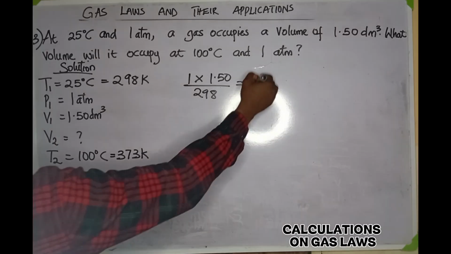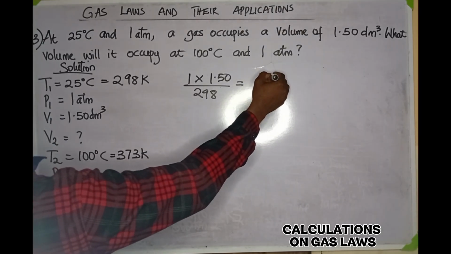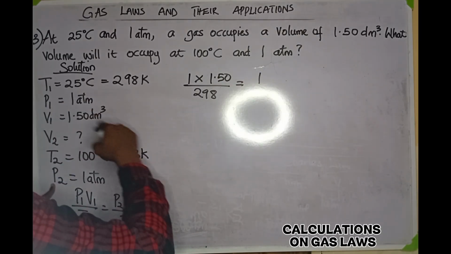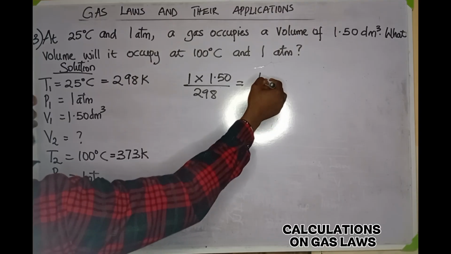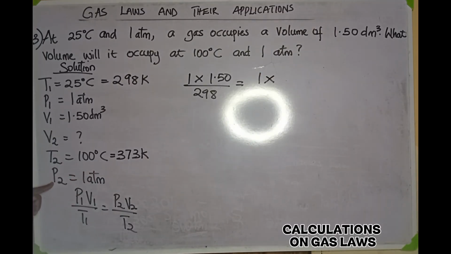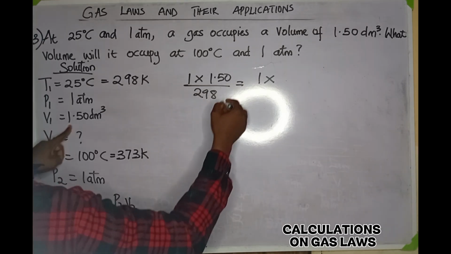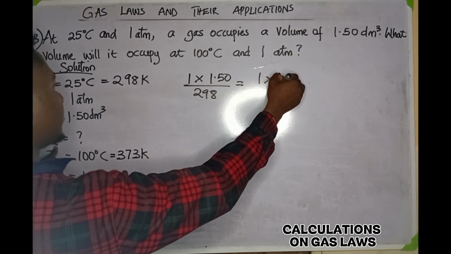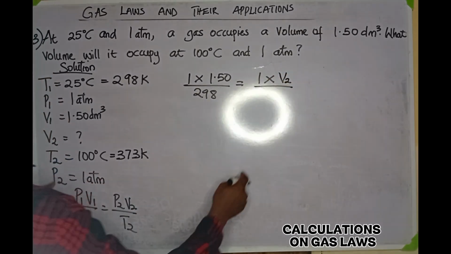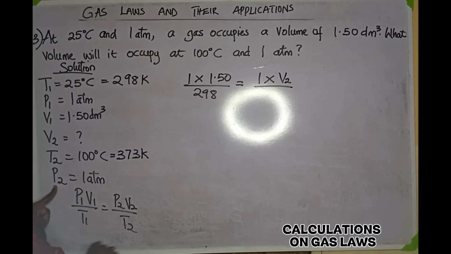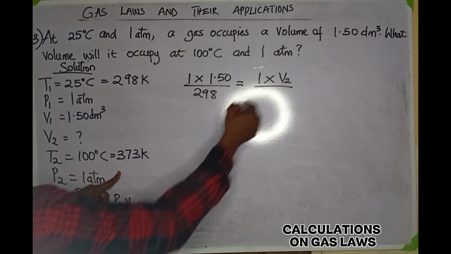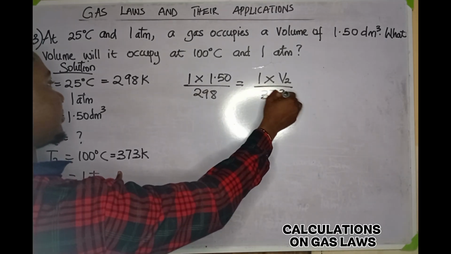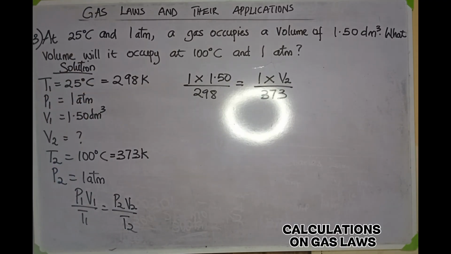P2 is 1 atmosphere, the same pressure. V2 is unknown, and then T2 is 373 Kelvin.